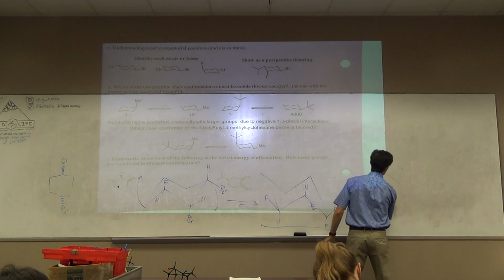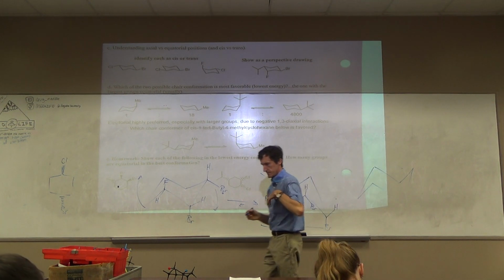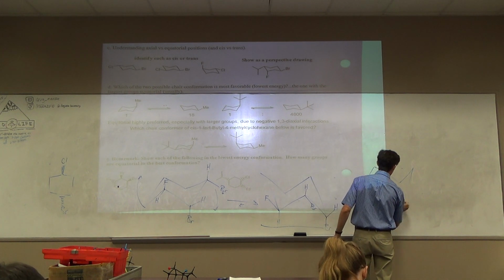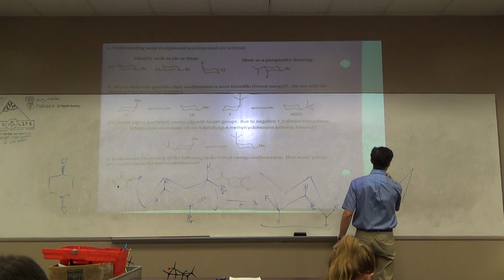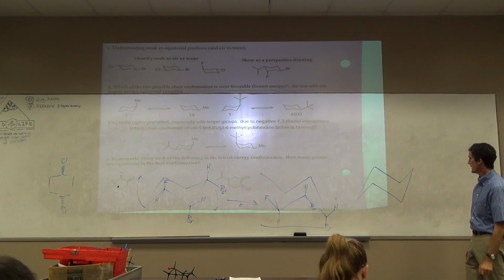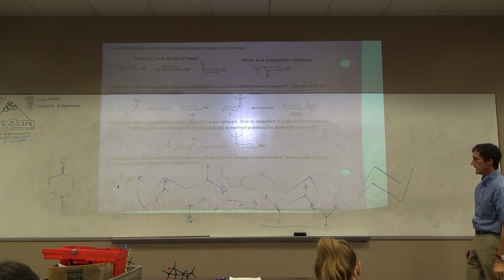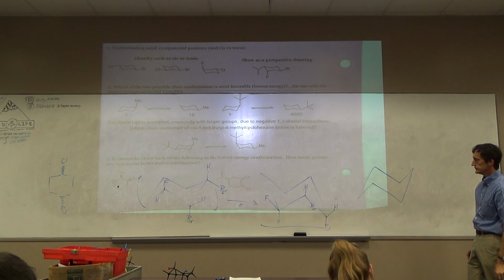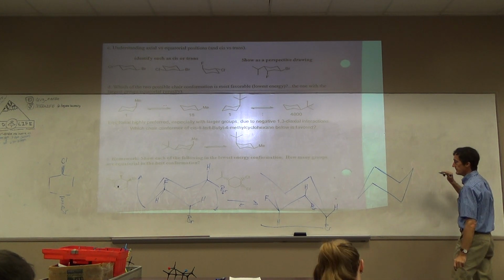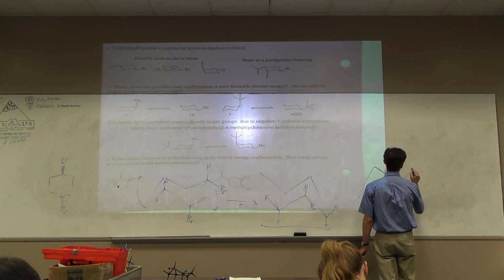Let's see. Isopropyl. Everything is cis. I'm going to do this a little bit different way. I'm not going to do a ring flip. And my first guess may be right or it may be wrong. I'm going to put the first chlorine equatorial.